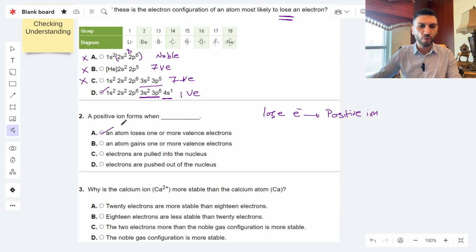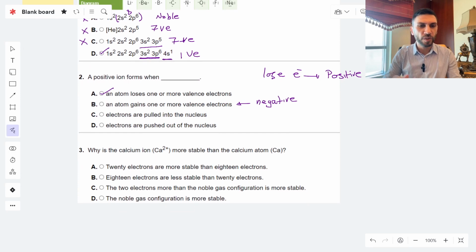Of course, this is the correct one. An atom gaining electrons will be a negative ion. And for C, electrons are pulled into the nucleus. That never happens, so this is incorrect. And electrons are pushed out of the nucleus. Electrons are not in the nucleus, so this one is also incorrect.